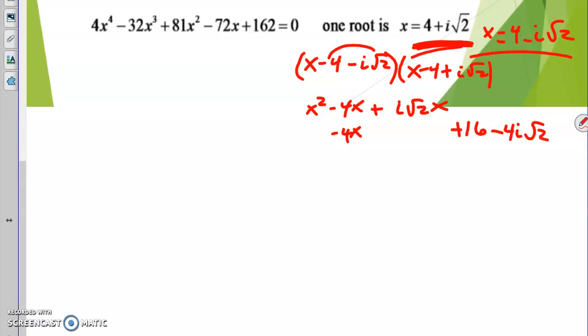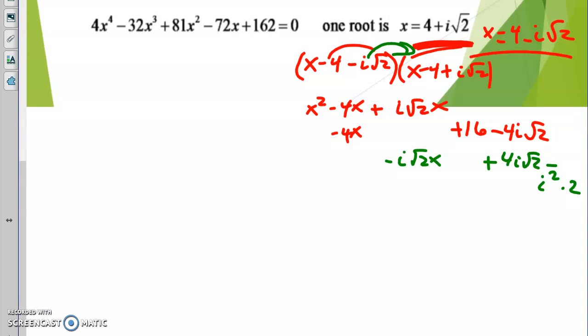Notice that I'm lining up like terms with each other. And so I'm going to distribute the minus i root 2 next. So I get negative i root 2 x, I get positive 4i root 2, and I get a negative i squared times 2 at the end.